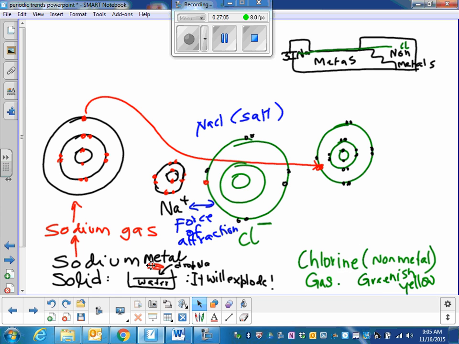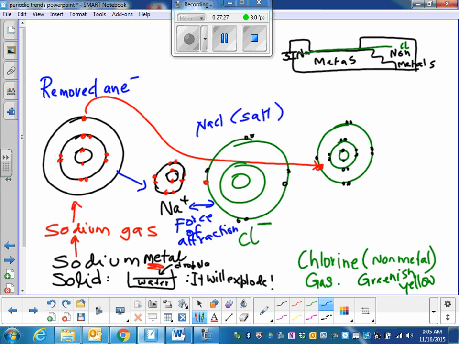So now, in this process, have you removed an electron from sodium? Yes or no? Yes. This requires energy to remove. Are you making it an ion? Yes or no?